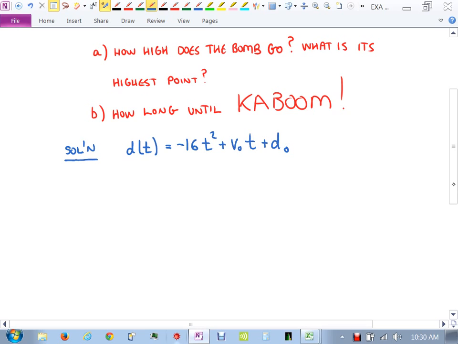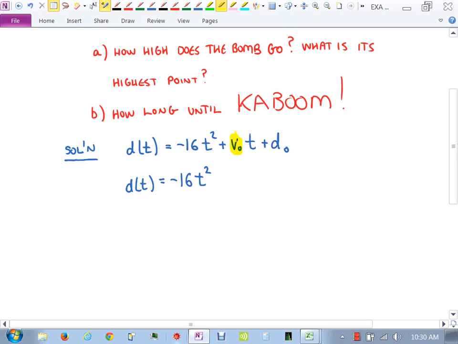Let's plug stuff in. What we have in this problem is negative 16 t squared. Do we have an initial velocity? Was the bomb moving when we let it go? Well, the helicopter let it go, right? It was moving 0.75 feet per second. Up or down? Up.